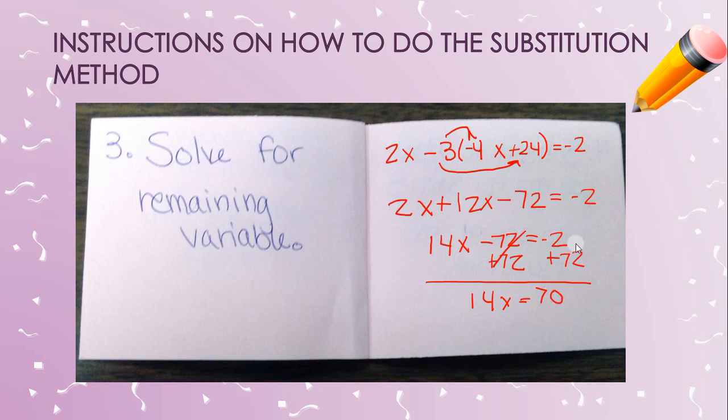We get 70 on this side. Divide by 14, it looks like. So you get x equals 5. I have found one part of my solution. I have found that my x value is 5.